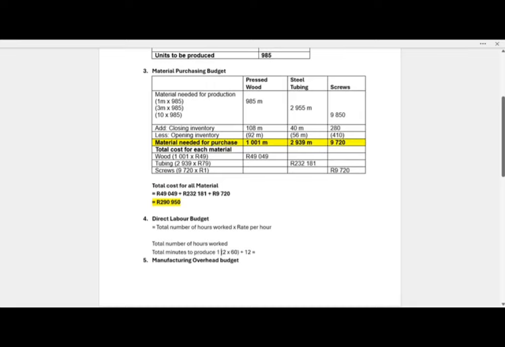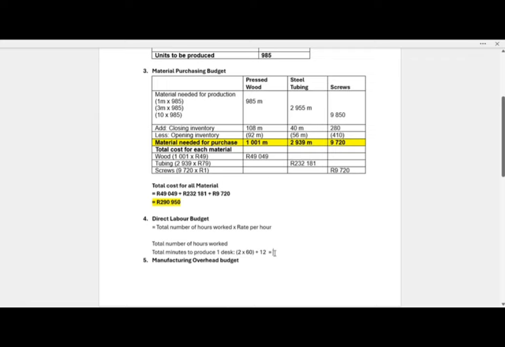It's a long process, but we are going to reach the right answer. Total minutes to produce one desk is equal to 2 hours multiplied by 60 minutes plus 12 minutes.